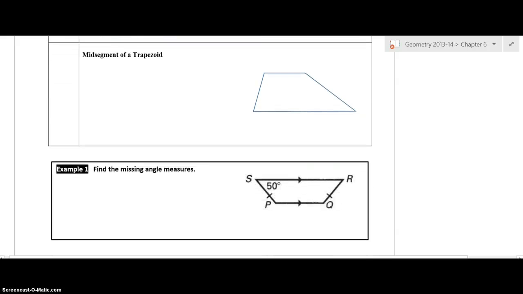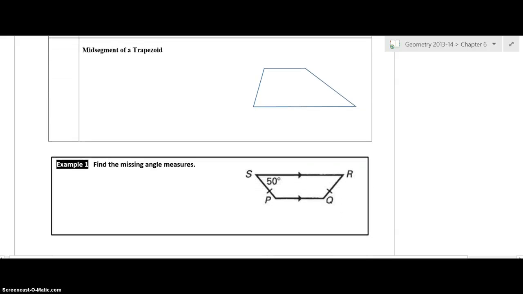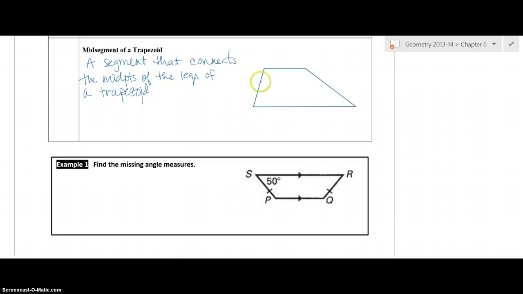Let's talk about the mid-segment of a trapezoid. The mid-segment of a trapezoid goes right through the middle of a trapezoid. The mid-segment is just a segment that connects the midpoints of the legs of a trapezoid. So, here's the leg, which means I need to put midpoints in there.